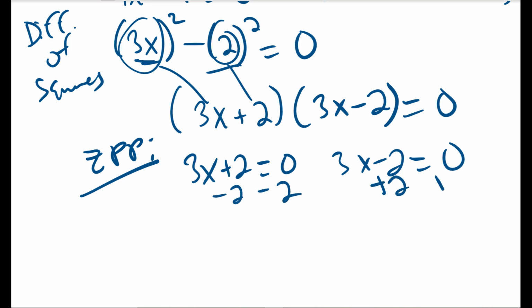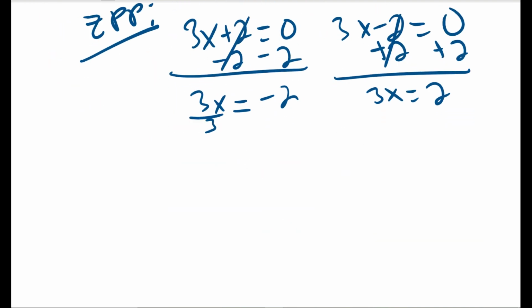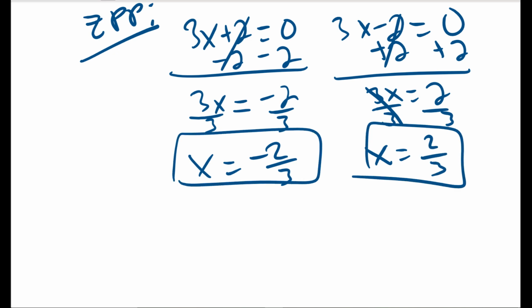Here we add 2 on both sides. So this one's 3x equals negative 2, and 3x equals positive 2. Divide by 3 on both sides. X equals negative 2/3, x equals positive 2/3. There you go, those are our solutions.